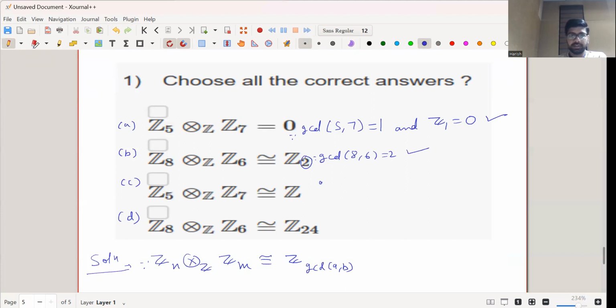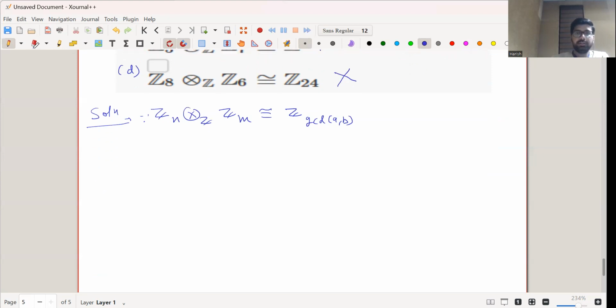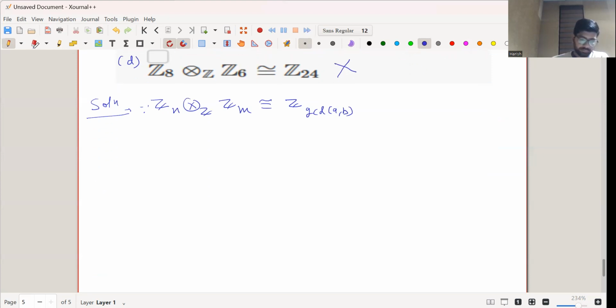Since this is correct, this has to be cancelled, as we have already seen, and this is also cancelled. So here A and B are correct, and C and D are not correct. Is there any doubt in that? No.